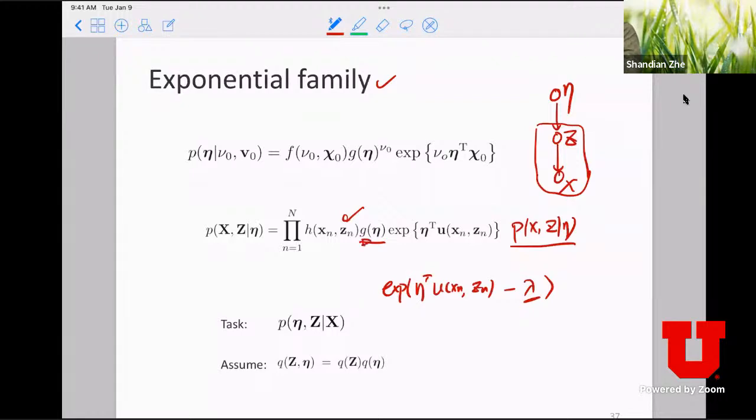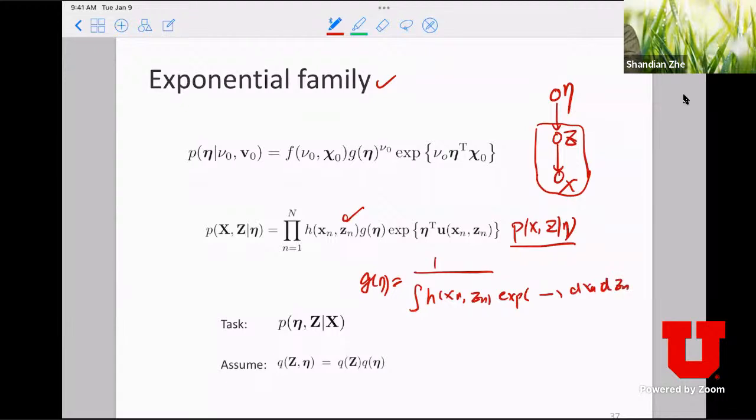Here we just put g of eta outside, but you have to make sure that g of eta is equal to the right value, just to ensure that the whole integral of this density is 1. That's why sometimes we call it the partition function, but here it's just the inverse of the partition function because we didn't put it in the denominator.